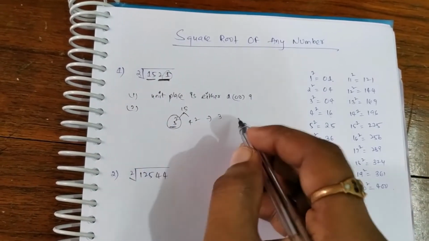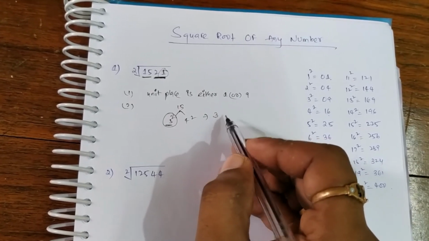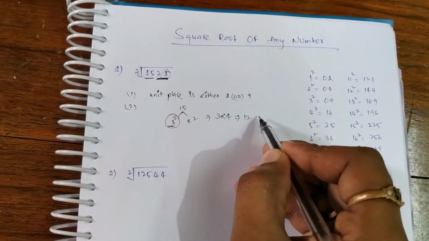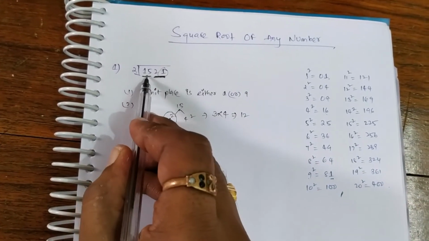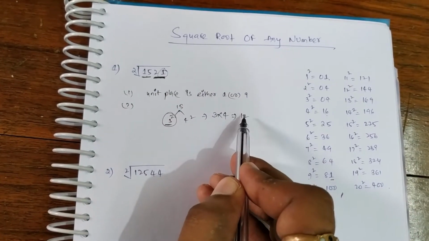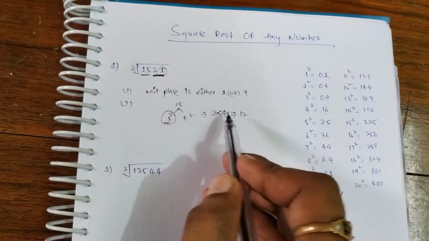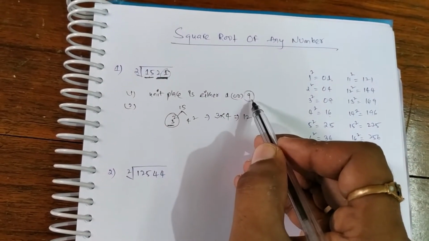And the third step is we have to multiply this number by the number after it. So after 3 we get 4. 3 into 4 is 12. This is the third step. And we have to check whether this value is lower or higher than the remaining number. Here 15 is more than 12, so we take 9 as the unit place.